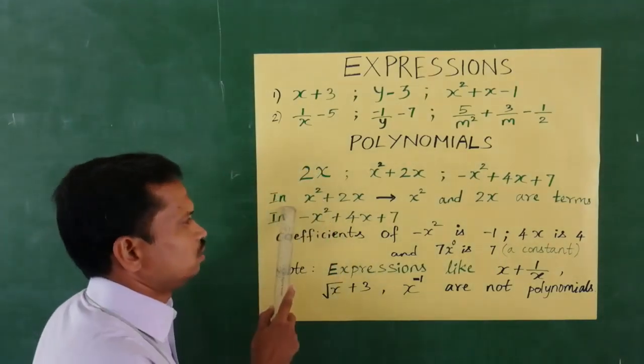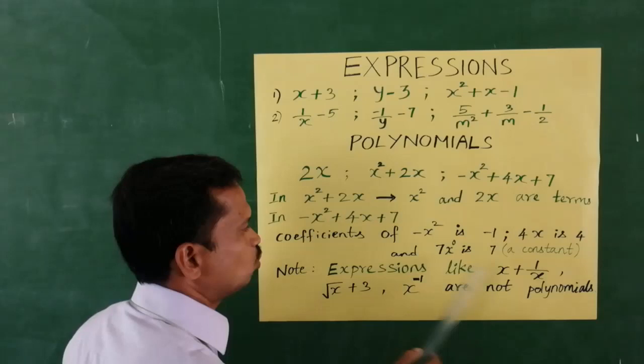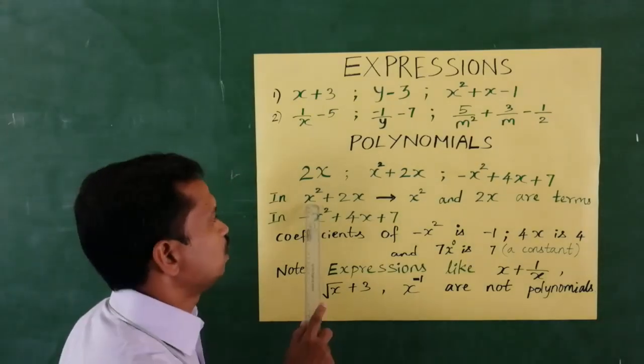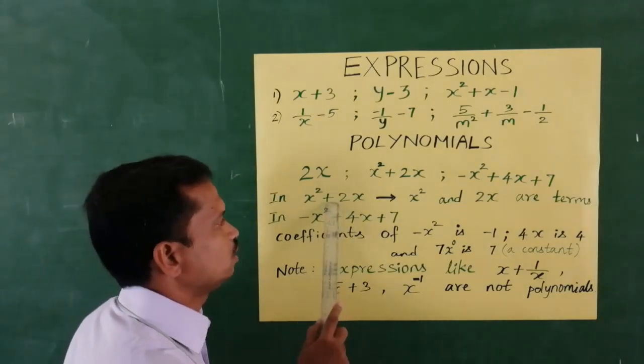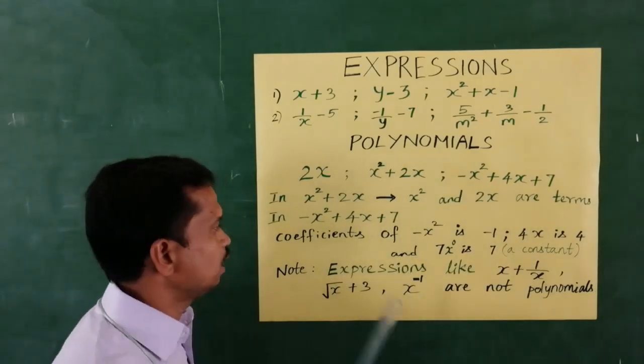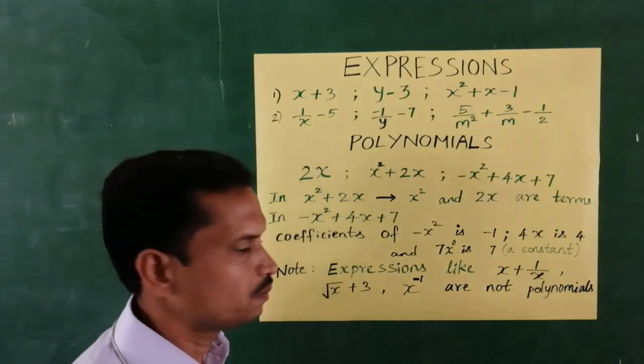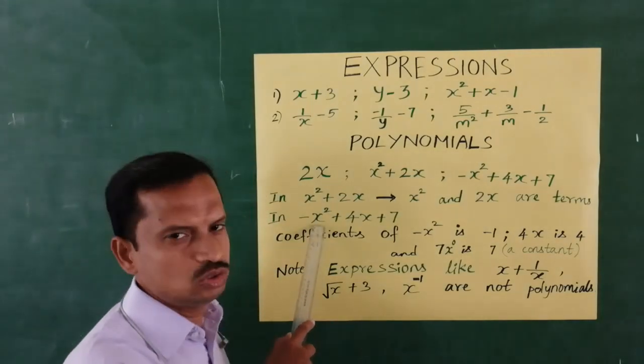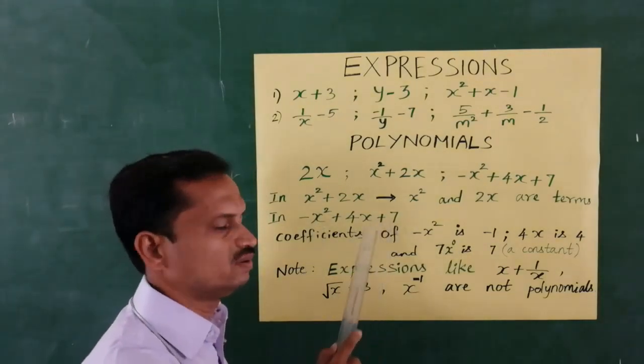Now we can see what the terms and coefficients are, just for recall. In x square plus 2x, x square and 2x are the terms. Coming to coefficients, just take minus x square plus 4x plus 7.